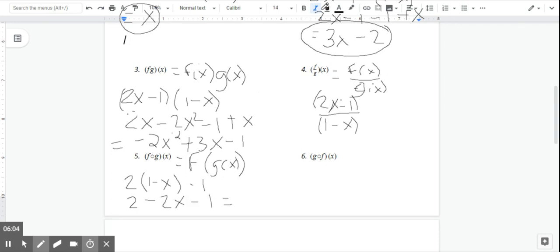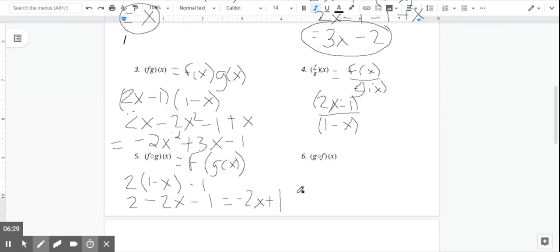And when we combine like terms, 2 minus 1 is 1. So we get negative 2x plus 1. So first, we write the f function with a parenthesis wherever there's an x, and then we fill it with the g function because we're putting g into the f function, and then we simplify as normal.